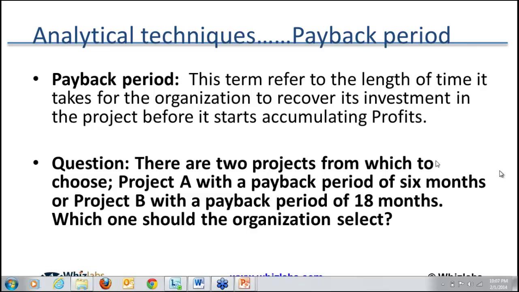I'm not able to understand you very clearly. Adeyemi, can you please repeat that? From my understanding, a payback period is the time that a project or organization recovers the money initially invested. Exactly. With profit. Right.